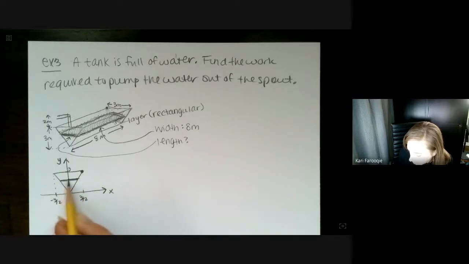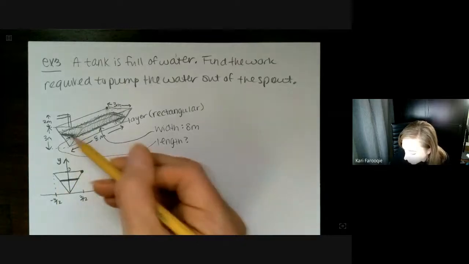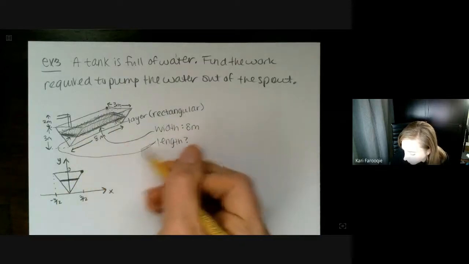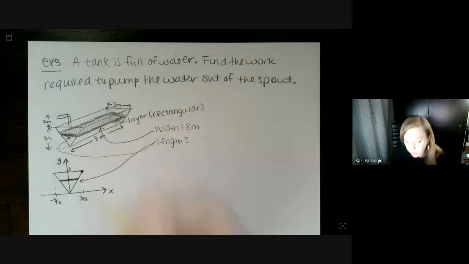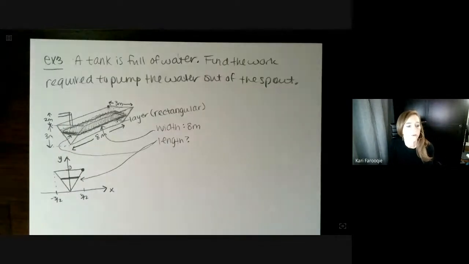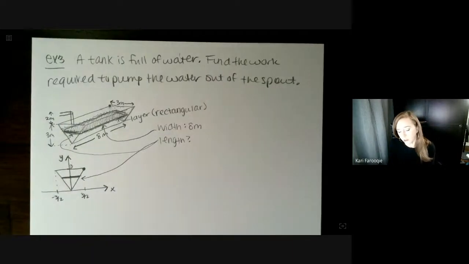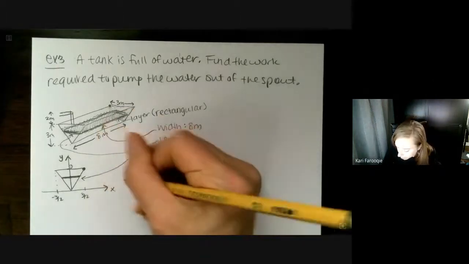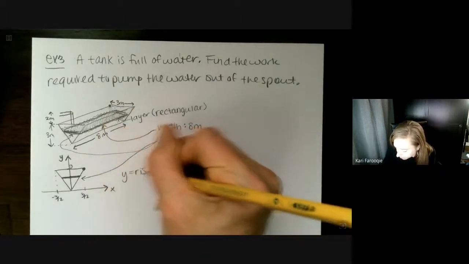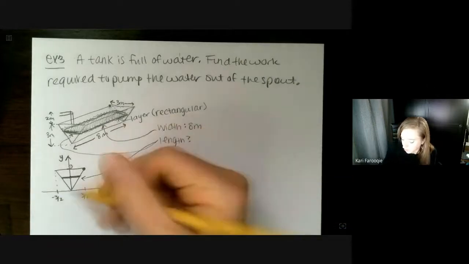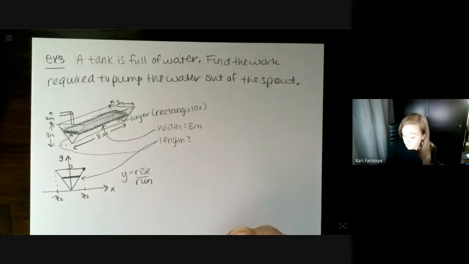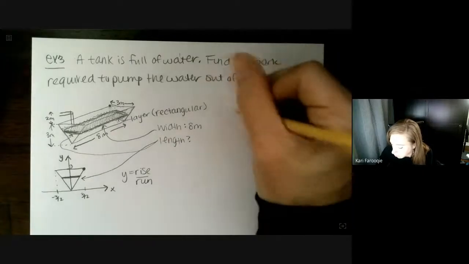All right, so you're looking at your layer. If you're looking at it in 2D, it looks like this. So this piece also comes down here. Front of the drawing. All right, look at this function. You're looking at the rise over the run. We're going to list this as some function because remember what I'm looking for is A of y.